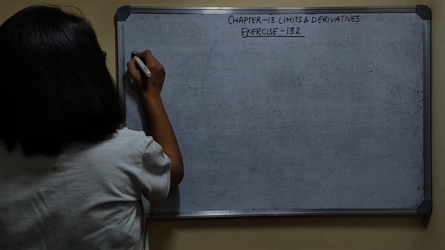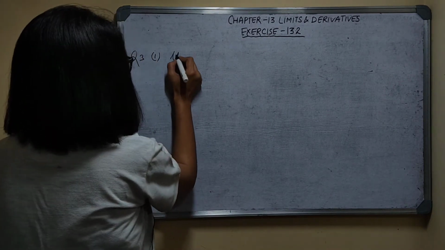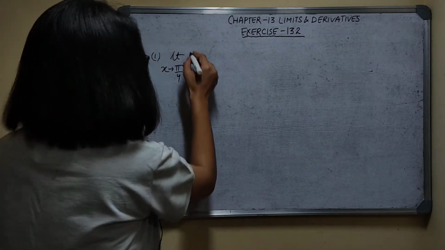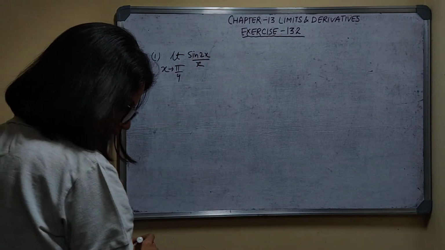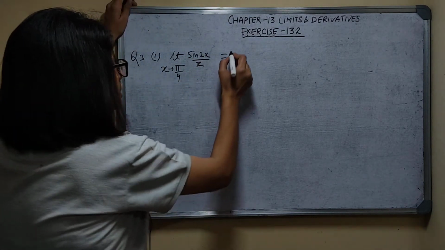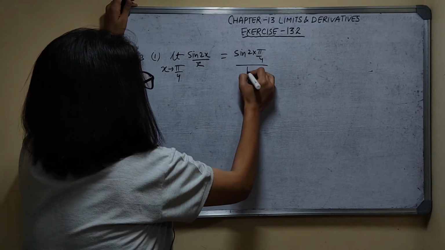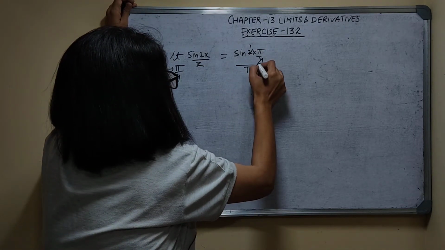Now question number third, part first. Limit x tends to pi by 4 of sin 2x by x. So directly you can put the value, sin 2 into pi by 4 upon pi by 4. 2 1s are 2, 2 2s are 4.